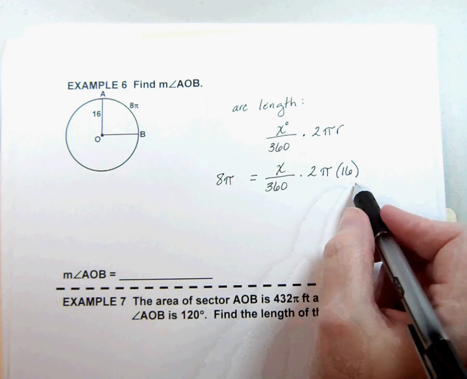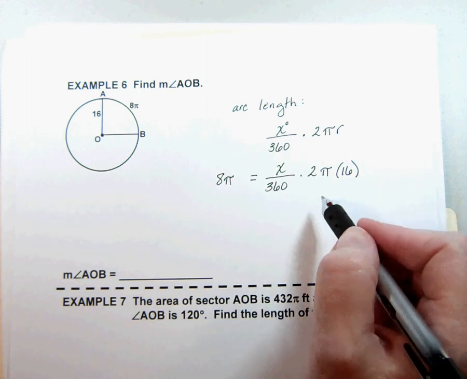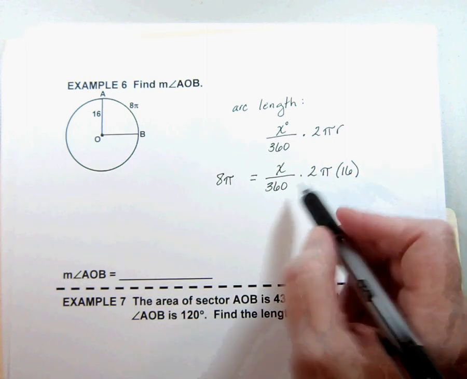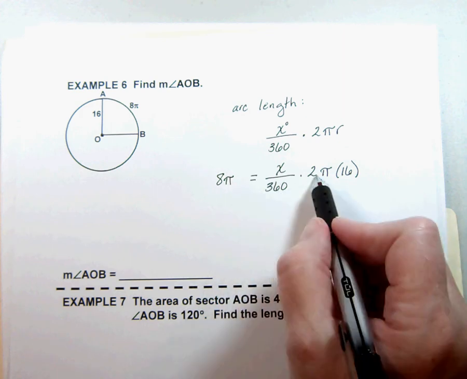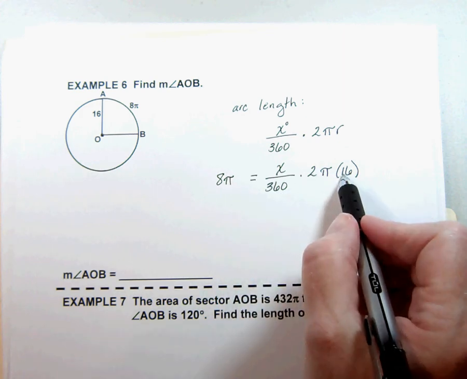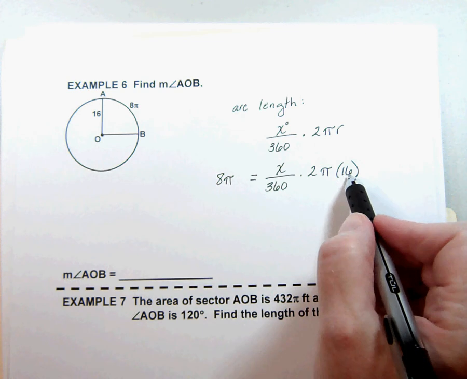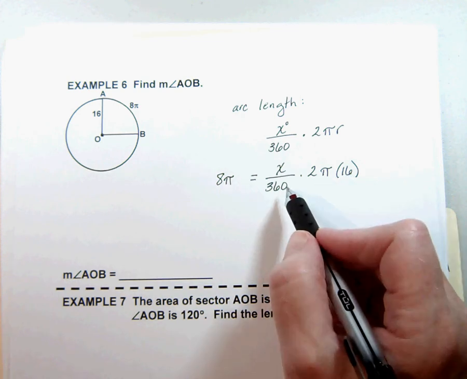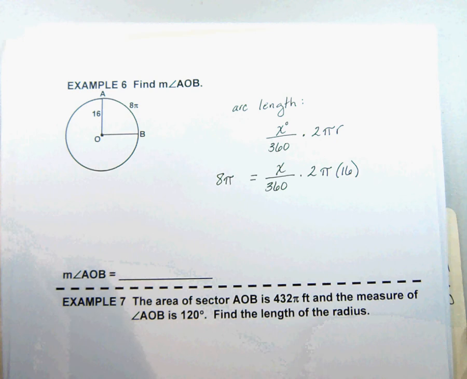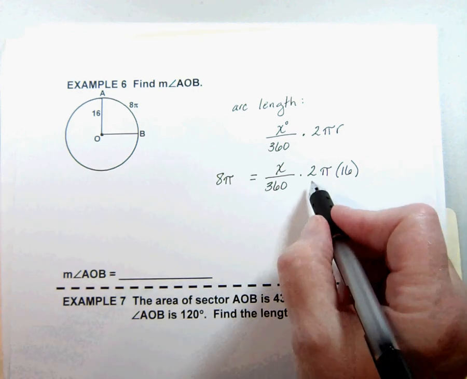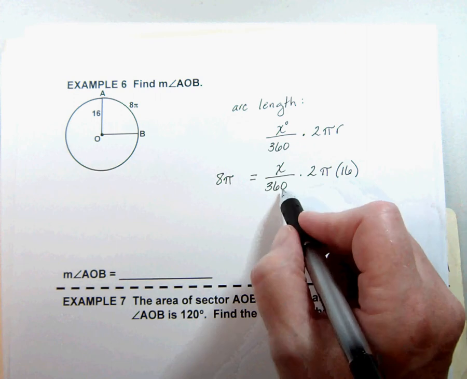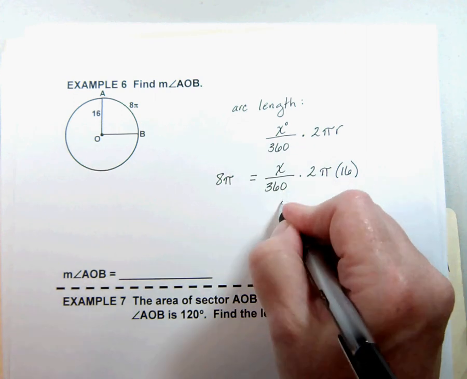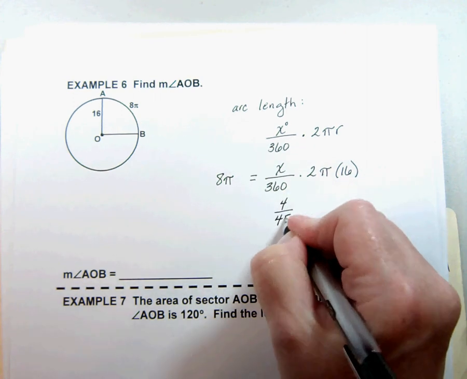So here's your formula, and on this one we'll be able to get rid of the pi. Let me show you how to do that. You're going to take 2 times 16 and divide by 360. Let's see what that is. 2 times 16 is 32, divided by 360, math enter is 4/45 pi.